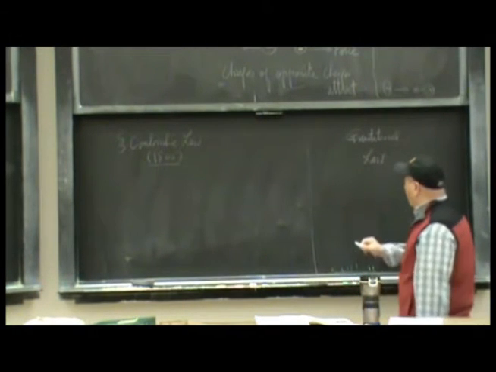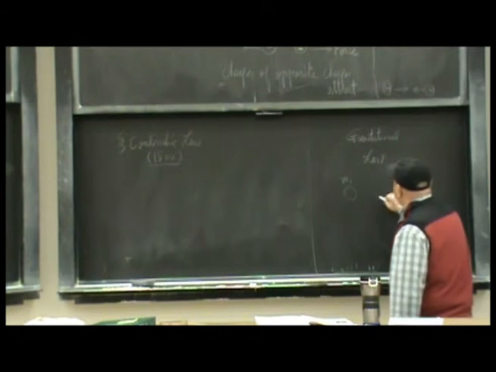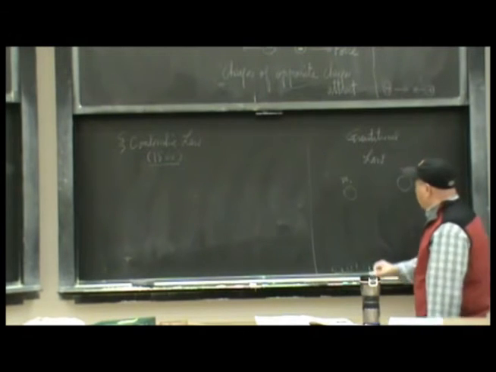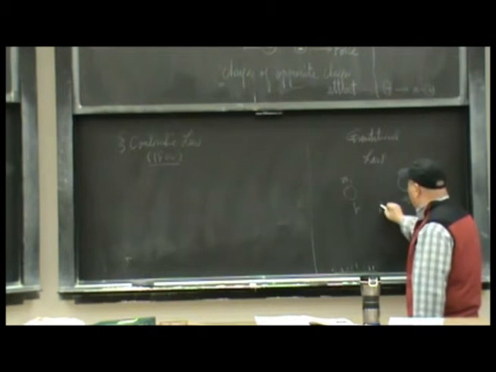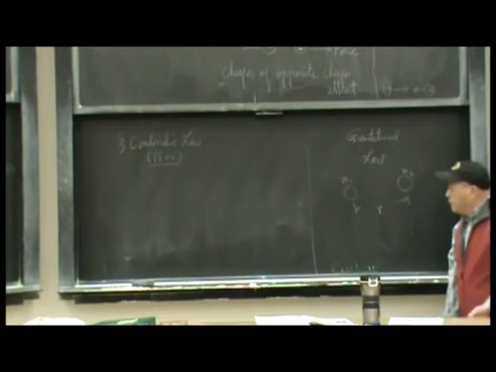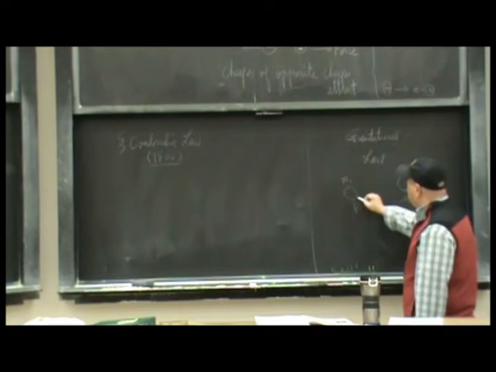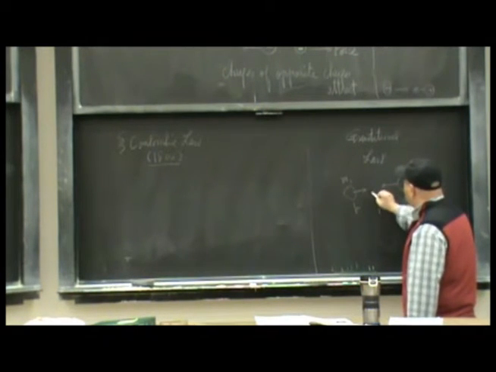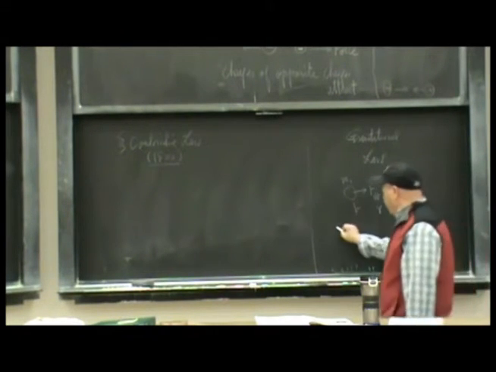In the gravitation law, if this is a mass m1, this is a mass m2, and the separation between these two is r, then Newton and Cavendish said the force of attraction between these two is F sub g.